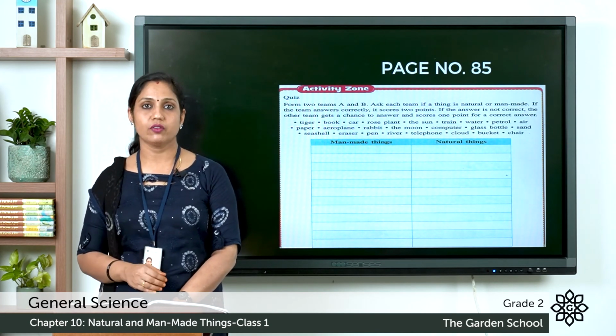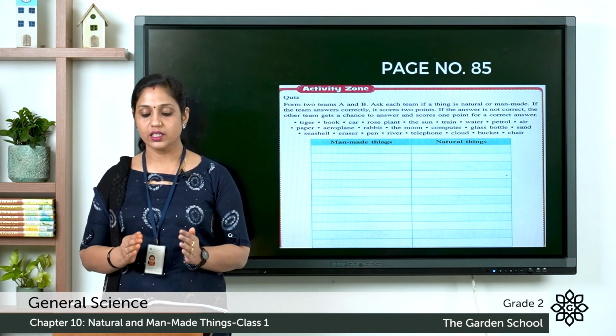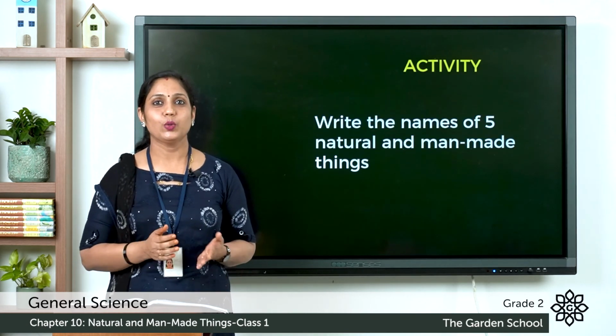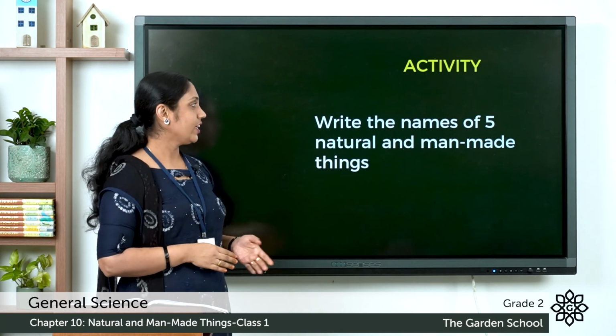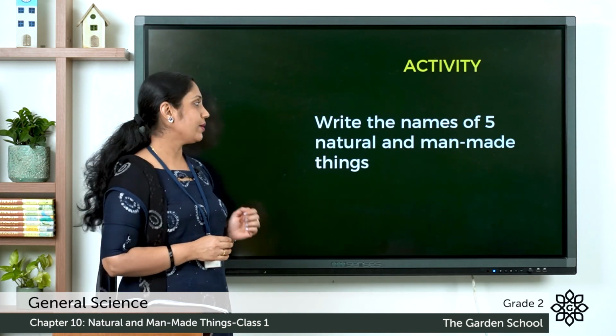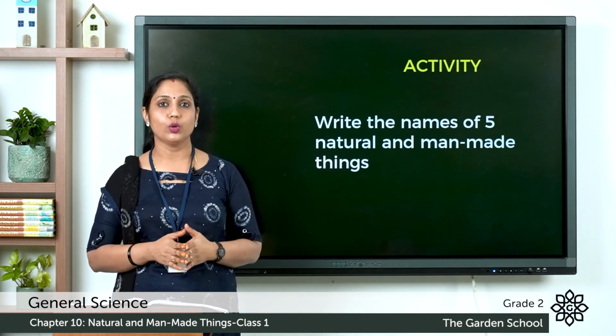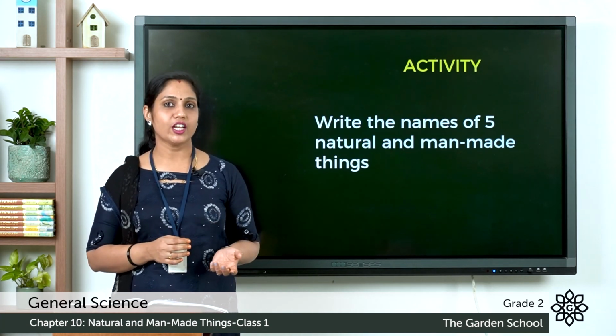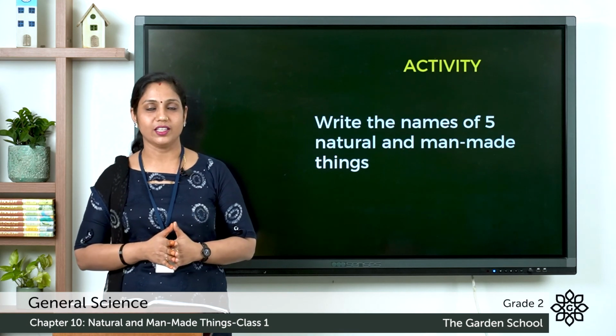So these are the names of things. You can classify them under man-made things or natural things. Next, we have an activity. Write the names of 5 natural and man-made things. So find out around you what are natural things and what are man-made, and write the names of 5 natural things and 5 man-made things.